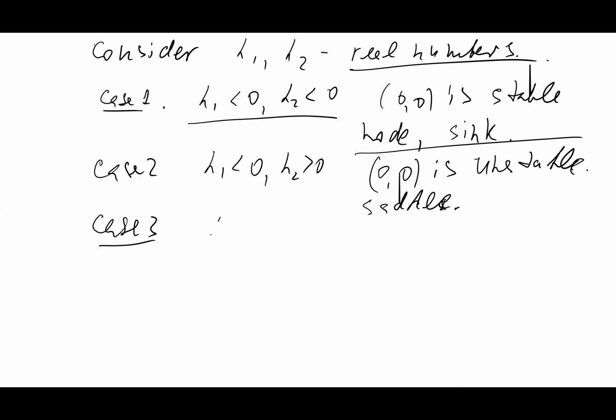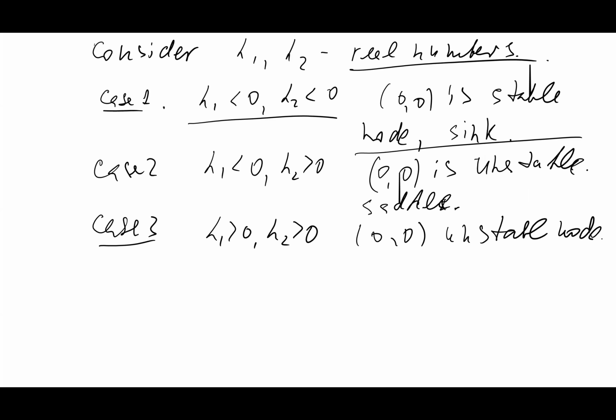Case 3: both lambdas positive. Then 0, 0 is called an unstable node, and it's also called a source.